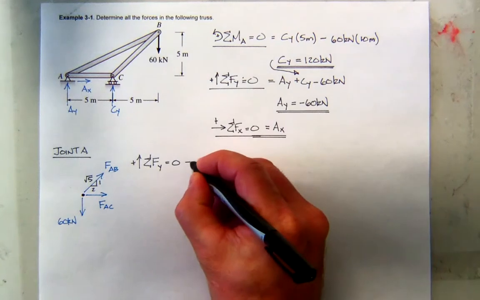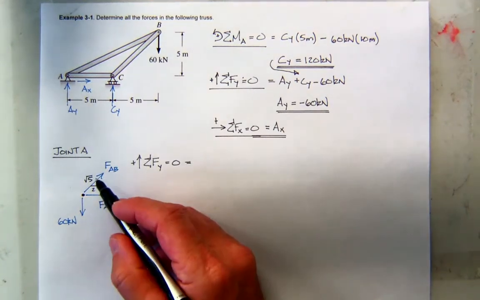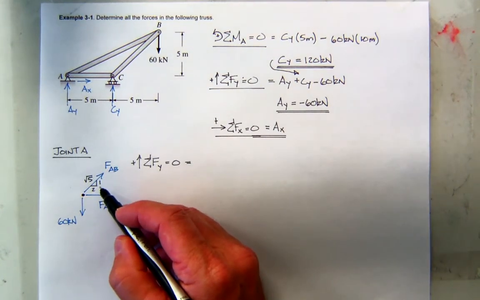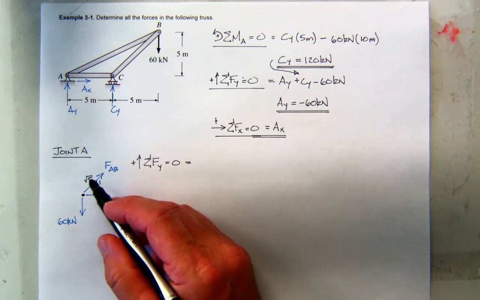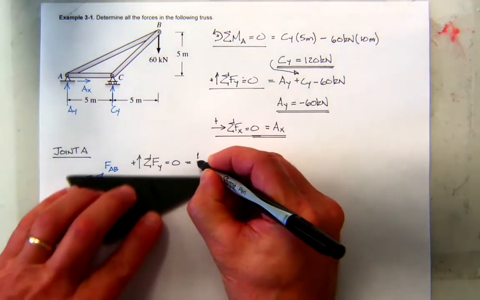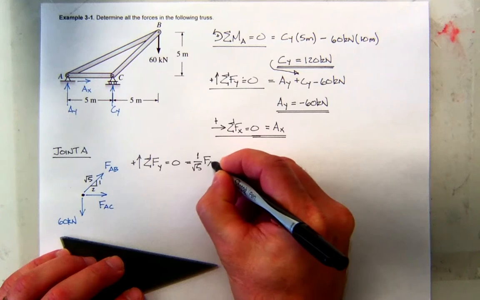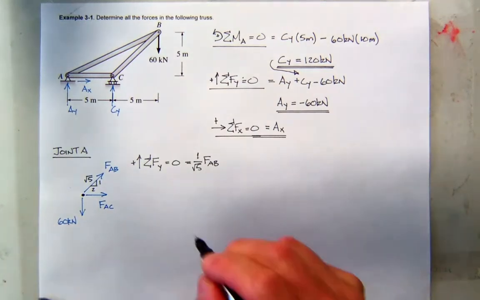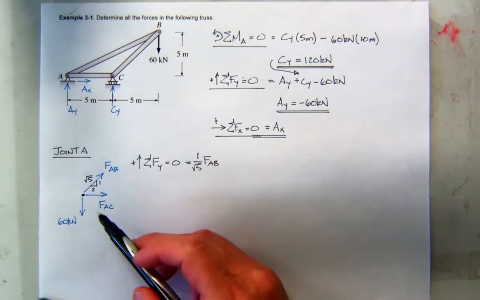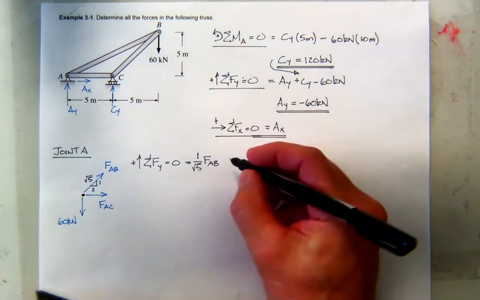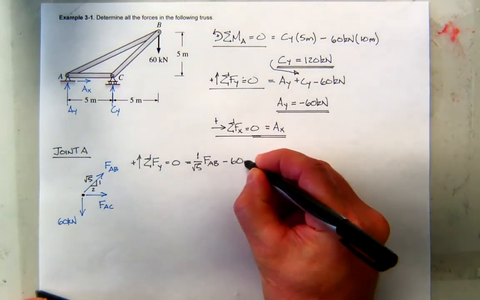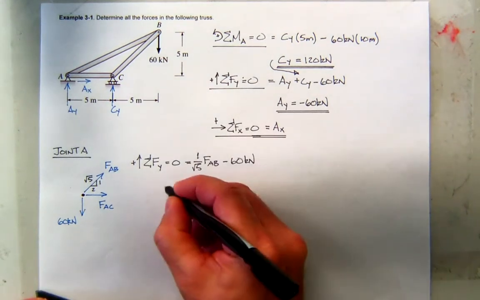And when I sum forces in the Y, what do I get? Well, I get the Y component of AB. That would be the 1, right, going up. So that's 1 over the square root of 5 times the force AB, and that's going up. What else is acting in the Y direction? The reaction, it's down, so it'll be negative 60. So what is the force AB?